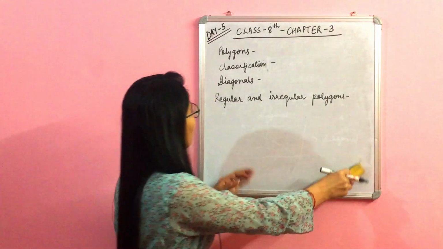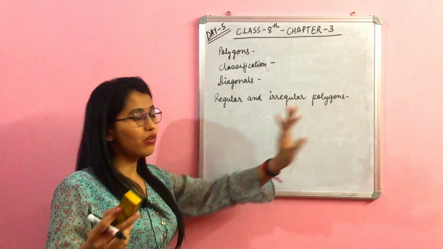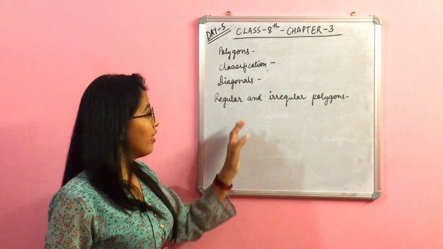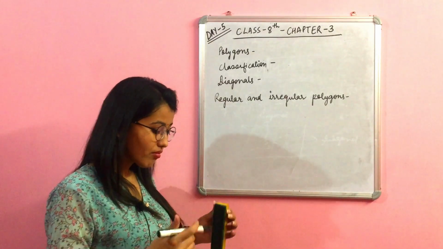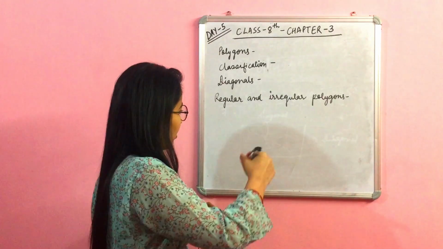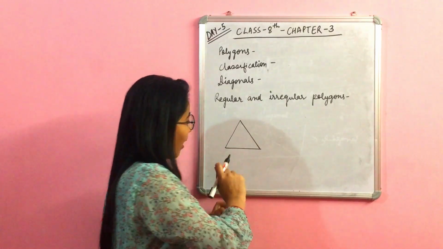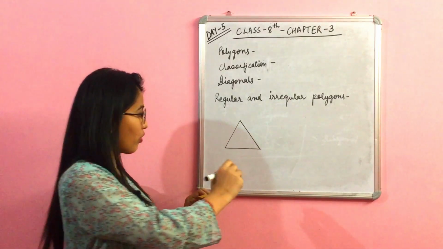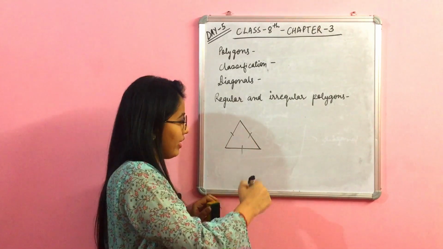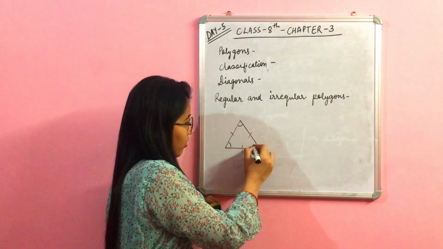Now what do you mean by regular and irregular polygons? Suppose I am having a rectangle. In a rectangle there are two things: one, these sides, other, these angles.